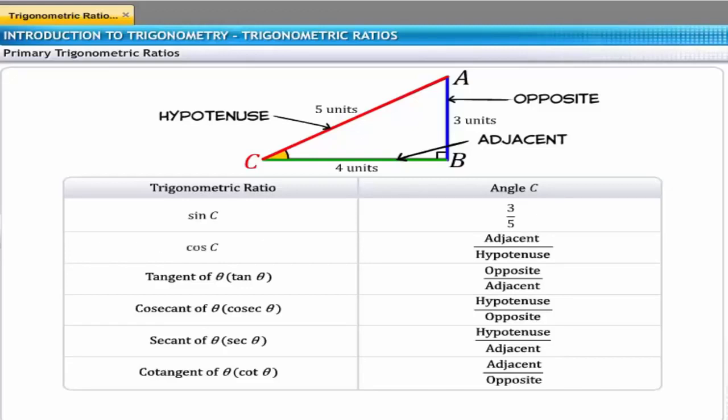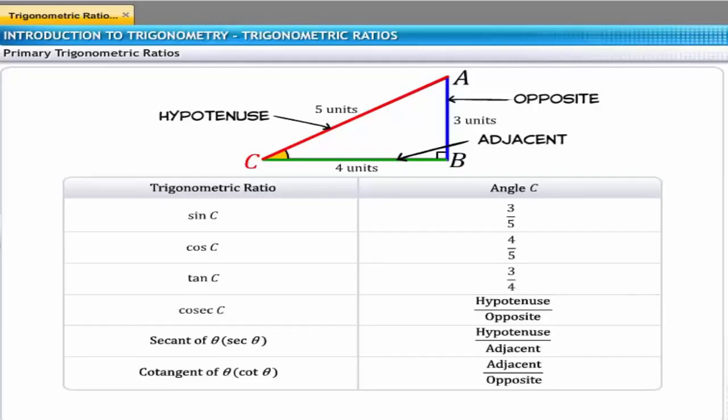Cos C will be equal to adjacent side to angle C divided by hypotenuse, which is equal to 4 divided by 5. Tan C is equal to opposite side to angle C divided by adjacent side to angle C, which is equal to 3 divided by 4.